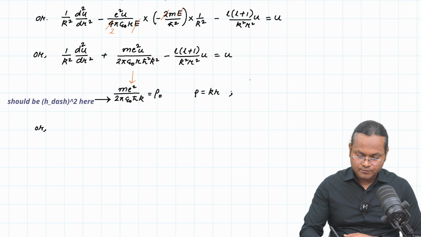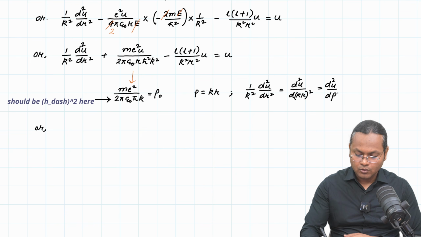So the first term, 1 upon k² d²u upon dr², can be written as d²u upon d(kr)², which is d²u upon dρ².